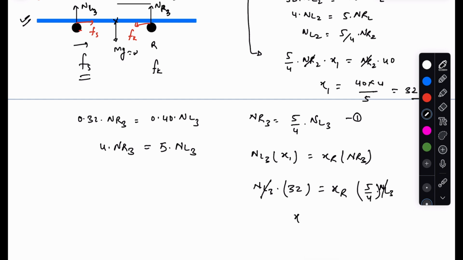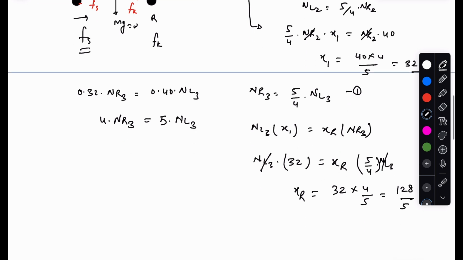So xr becomes 32 times of 4 by 5. So this is 128 divided by 5. So the xr value from here becomes 25.60 centimeter. So this is the answer in this question.